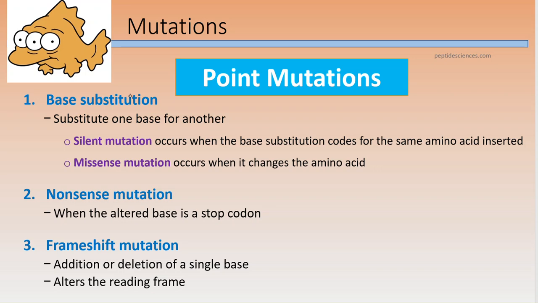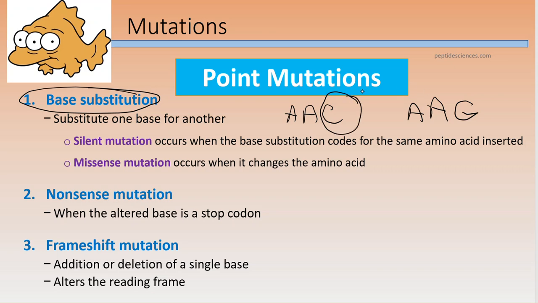Okay, so your base substitution is the first of those point mutations we're going to look at. Here one base is changed for another. So say you were supposed to have AAC, and instead of having AAC, now you have AAG.